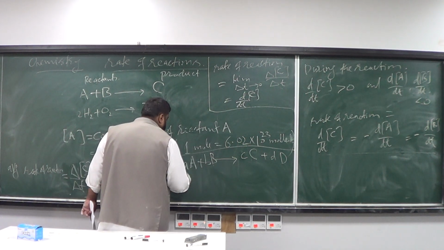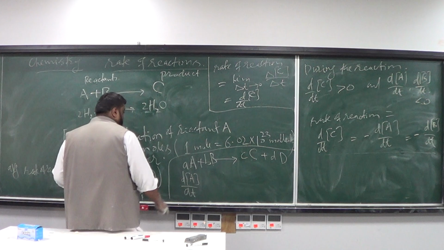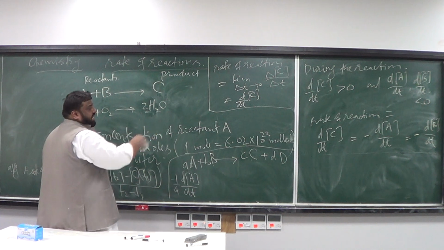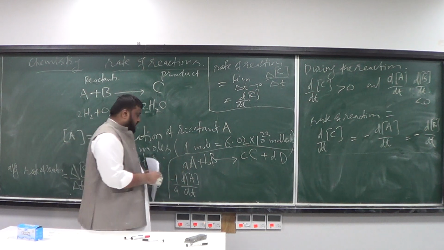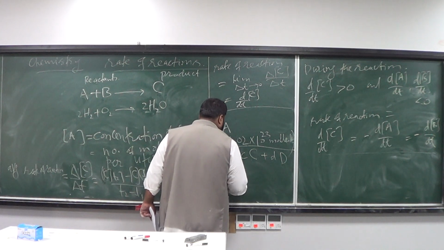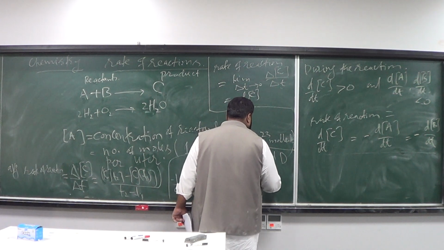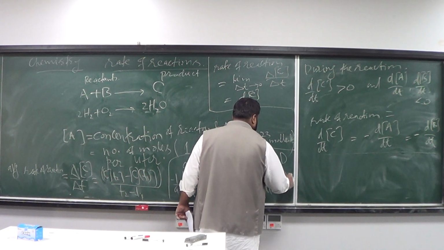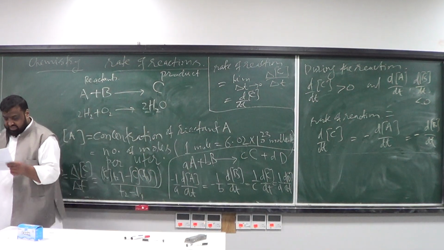So I can say the change in concentration of A with respect to time is going to be equal to minus 1 over a, because you have a here, and minus 1 over b, d[B]/dt, and equal to 1 over c, d[C]/dt. So these two are going to be positive, equal to 1 over d, d[D]/dt.